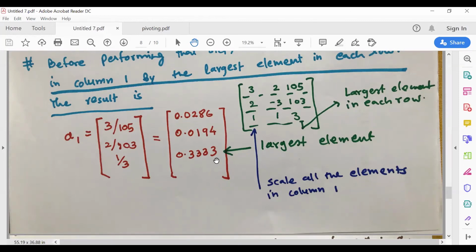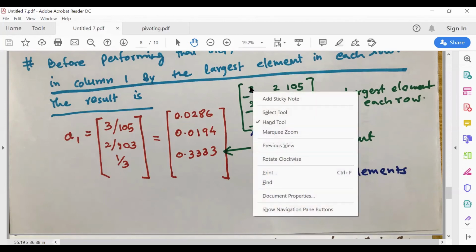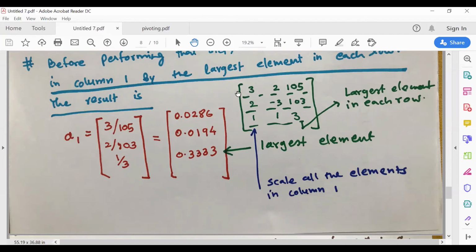So it says we can interchange the first row and the third row, because the normalized number in the third row gives the maximum. The first elimination happens because of the pivot element in the first row. So we will interchange the third row and the first row looking at this normalized number.